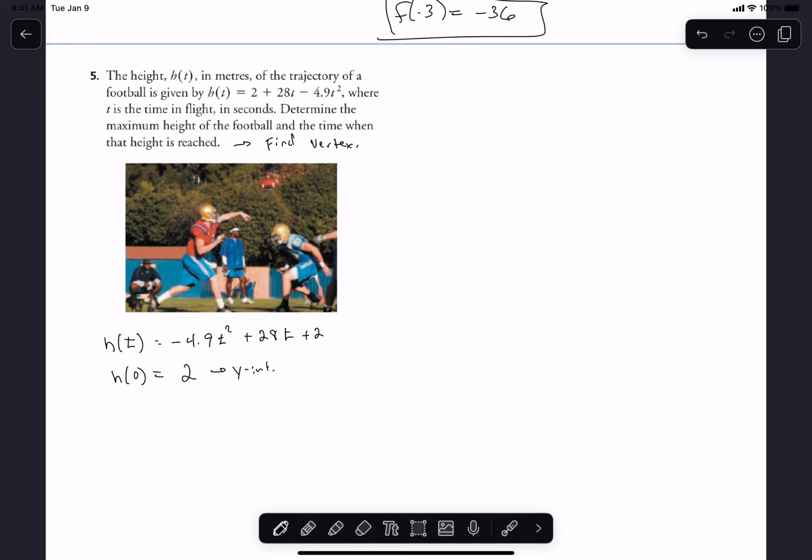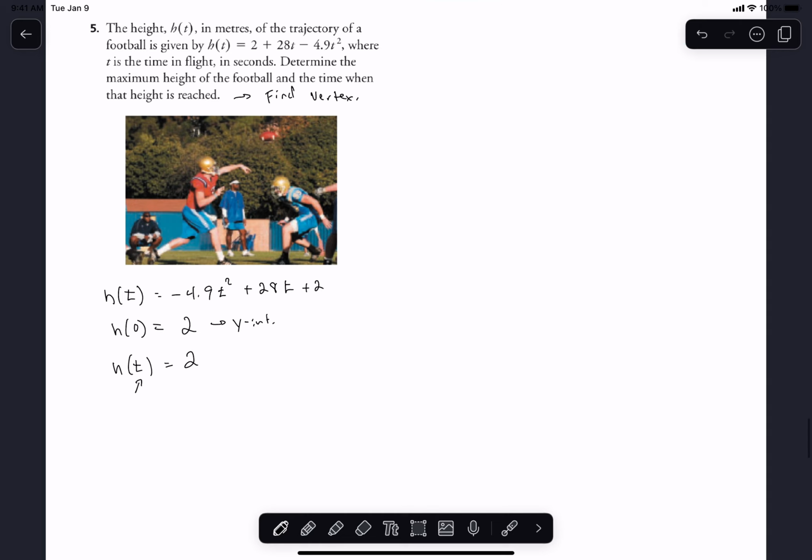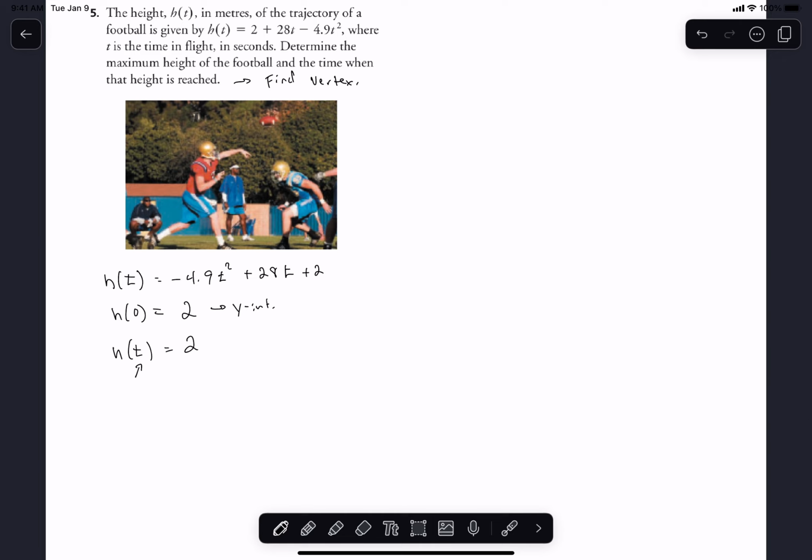So what I'm interested in finding is the other t value, h of t, that is associated with the football being at 2 meters in the air. I'm looking for that t value. That's partial factoring. So we're going to substitute that fact in for h of t, and solve for the other t value that corresponds with the football being at 2 meters.